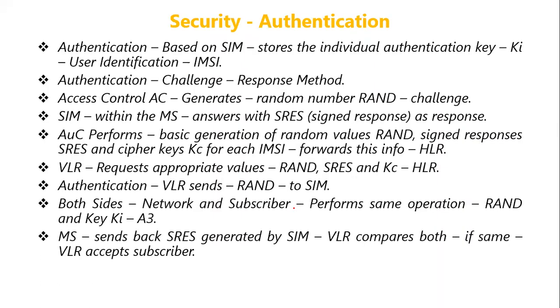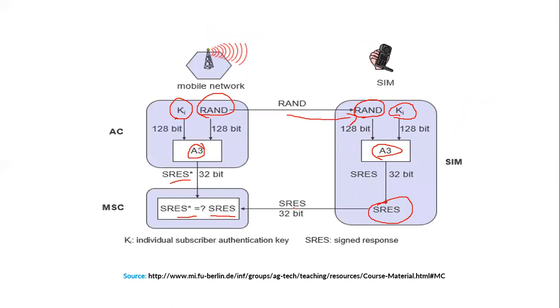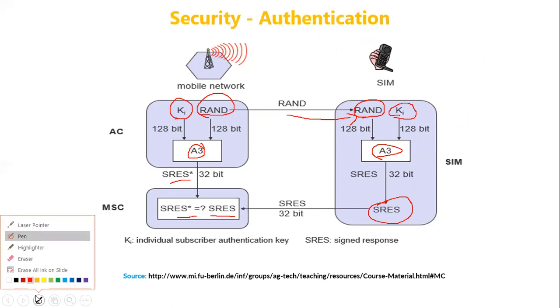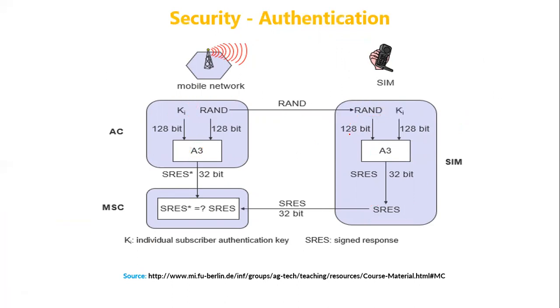Here the SIM creates SRES, and the MSC should also generate the same SRES. If both match, then the user will be allowed to access the GSM. Otherwise, he will not be allowed.